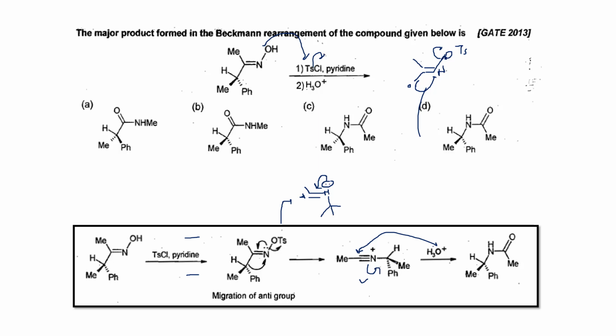After that, through elimination of OH, it will give this as our product. So correct option is option C. So by this Beckmann rearrangement, we can get amide from imine. We can get amide from this hydroxyl imine.